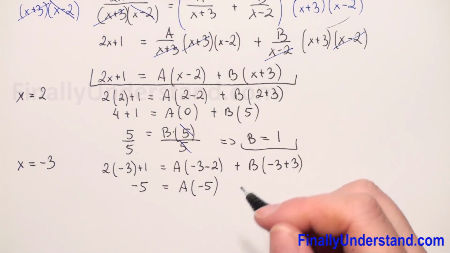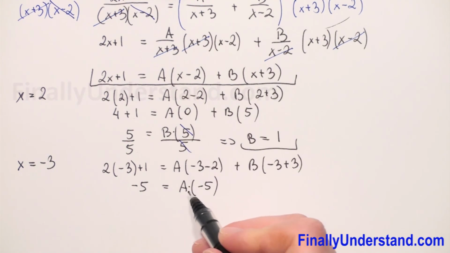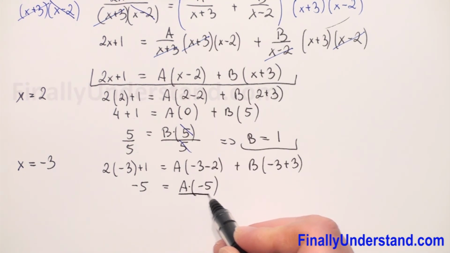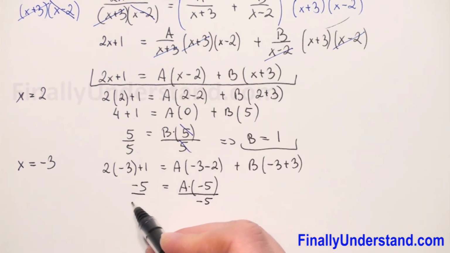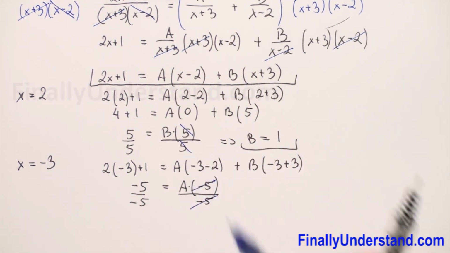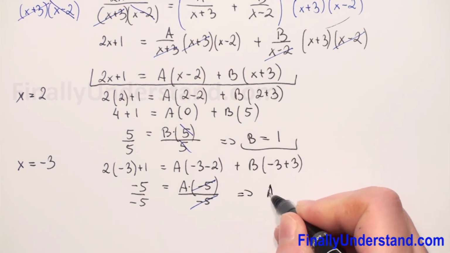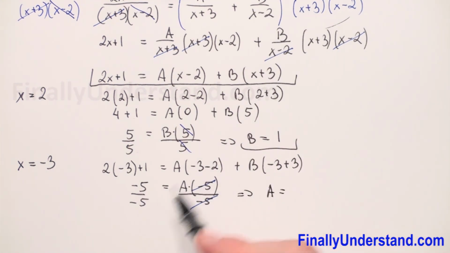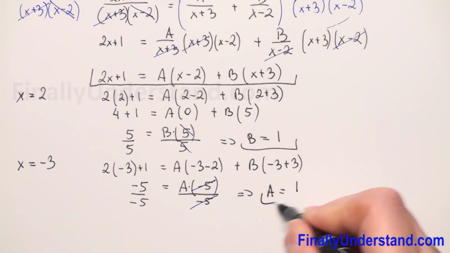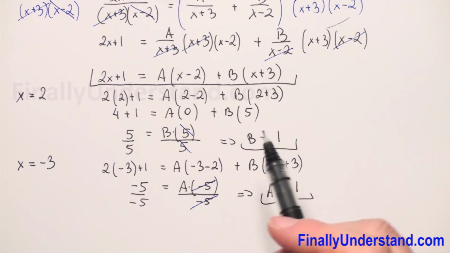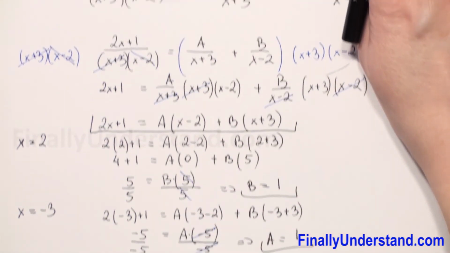Now, because we have multiplication, to find a I will divide both sides by -5. So -5 and -5 we can cancel out, and we have that a is equal to -5 divided by -5, which is 1.